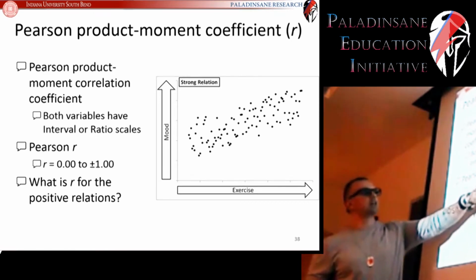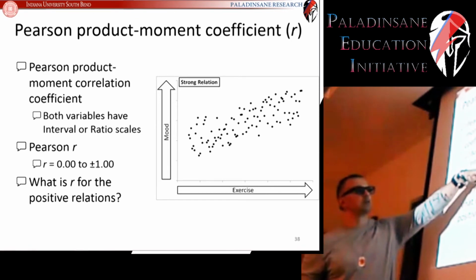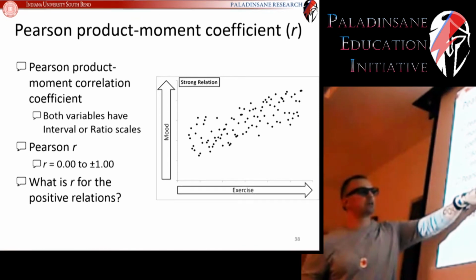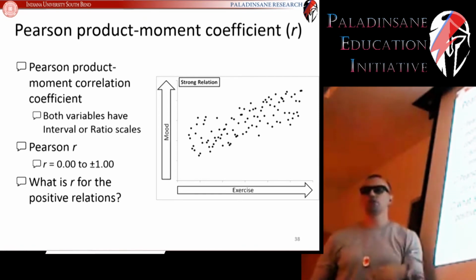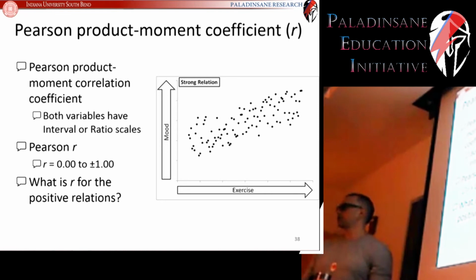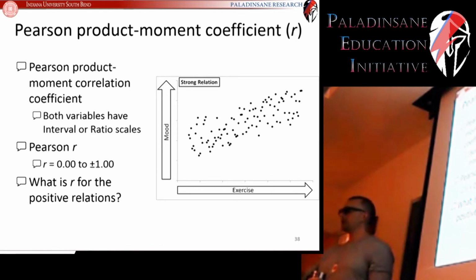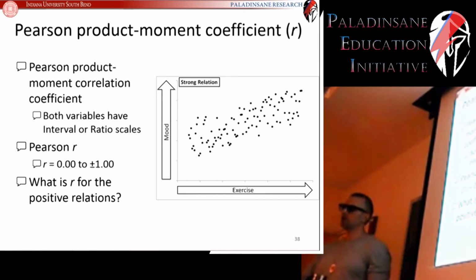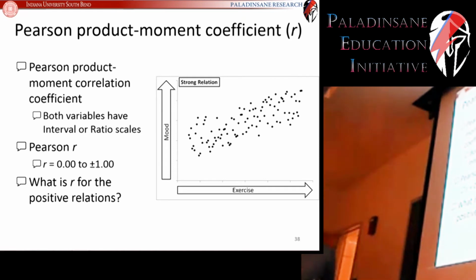So the sign here tells you whether it's a positive relationship or a negative relationship. And then the number from 0 to 1 tells you how strong that relationship is. 0 is a completely weak relationship, no relationship. 1 is that perfect relationship. And depending where you are on the continuum, you'll be somewhere in between 0 and 1.